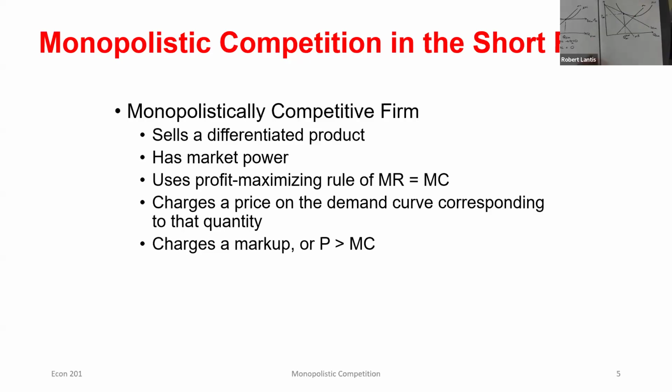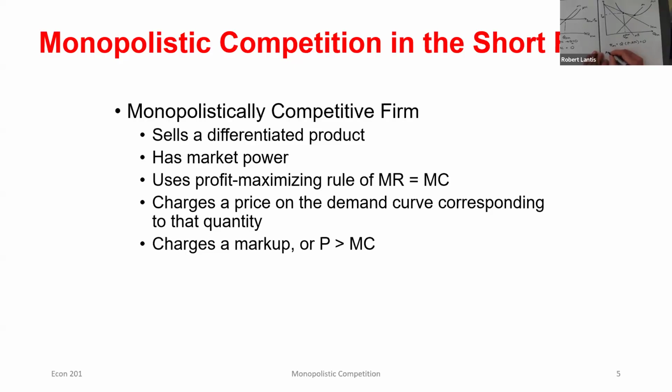So in the long run, if this is the long run depiction, which you'll have to trust me for right now, what is true about my price relative to average total cost? Remember, profits are the quantity I'm selling times the difference between price and average total cost. Here, price is equal to average total cost, so the profits are equal to 0, right?